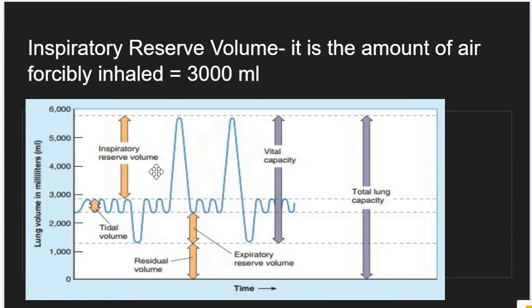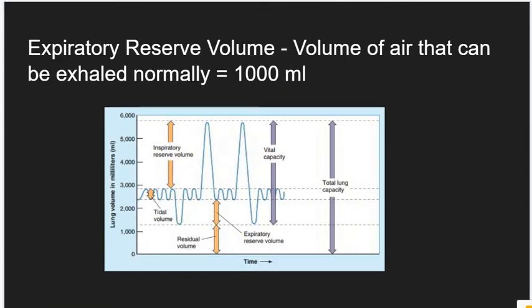Okay. Now, the next one is expiratory reserve volume. We will understand this graph later. Expiratory reserve volume is the volume of air that can be exhaled normally. Normally, हम कितनी भी air को exhale कर सकते हैं, that is called expiratory reserve volume.